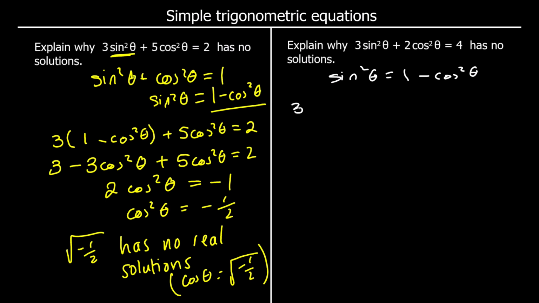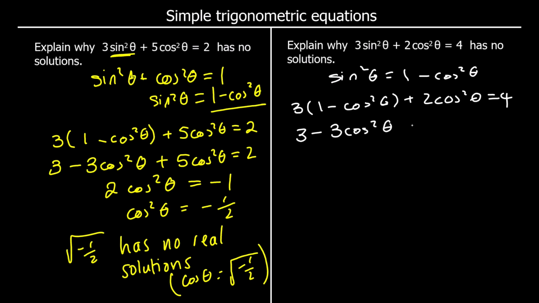So that will be 3 times 1 minus cos squared theta plus 2 cos squared theta equals 4. Expanding the brackets, we've got 3 minus 3 cos squared theta plus 2 cos squared theta equals 4.